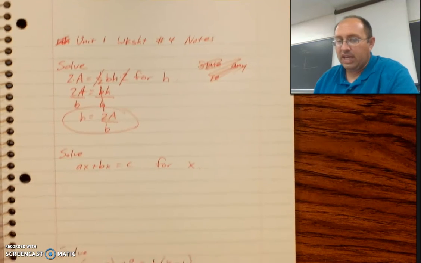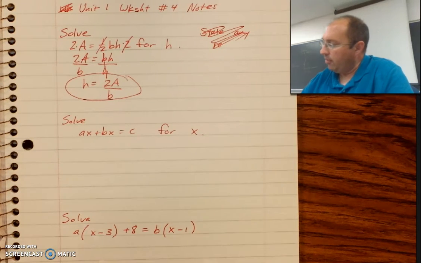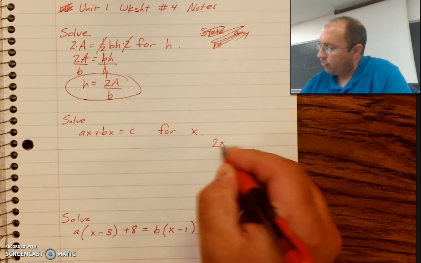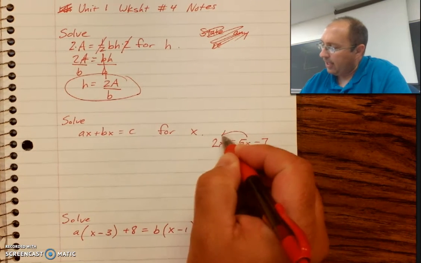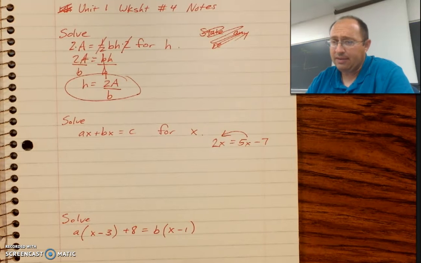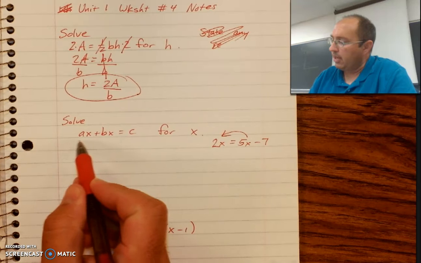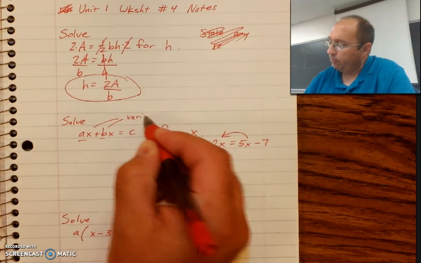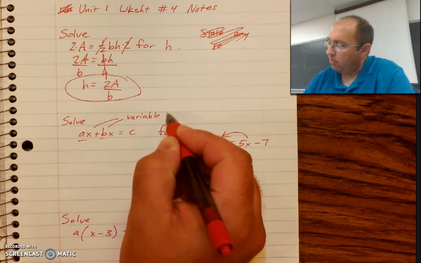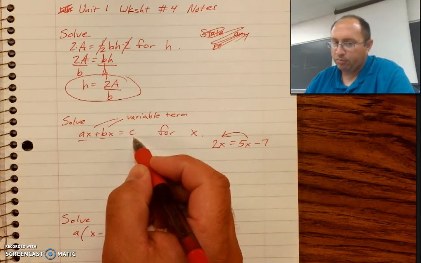Now, the next one that I have here is a little bit more complicated. That's why I'm bringing it to your attention. Remember in examples like this where you have 2x equals 5x minus 7, we would want to get the variables on the same side. Well, the cool thing about this is every term that has an x in it is called a variable term. Now you're probably saying to me, well, why can't you call the c over here a variable term?